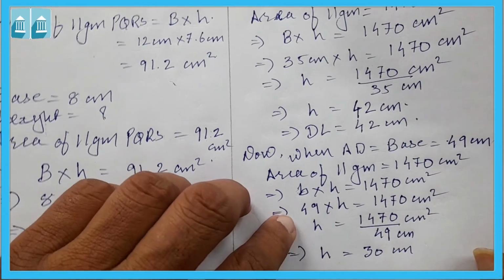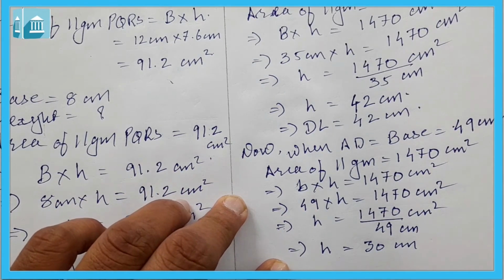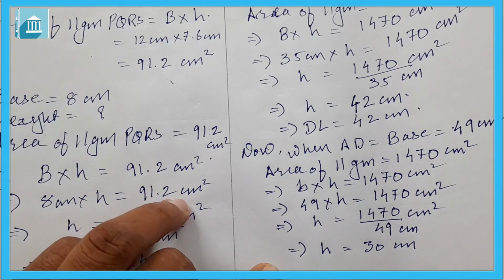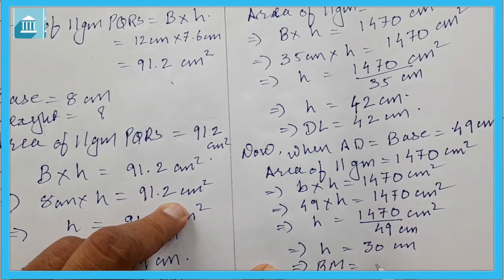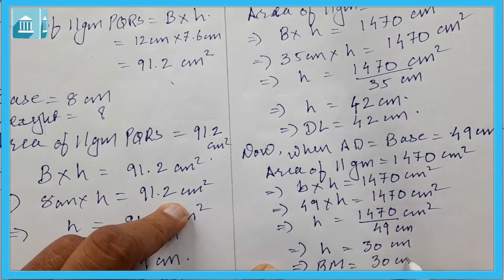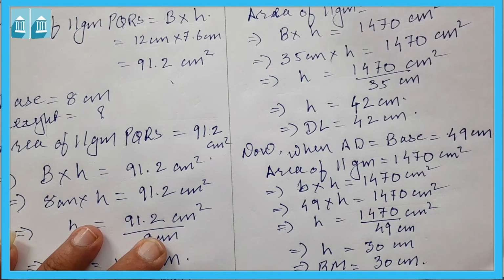So if the height is 30 centimeter here, then BM is also equal to 30 centimeter. In this way we get both DL and BM.